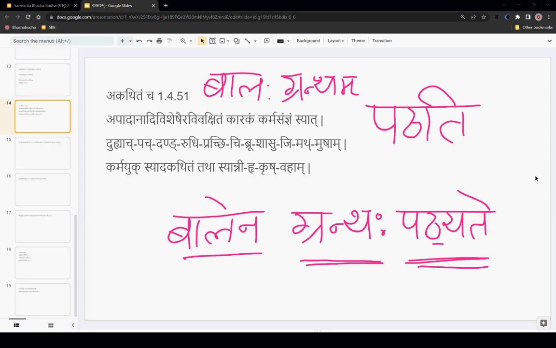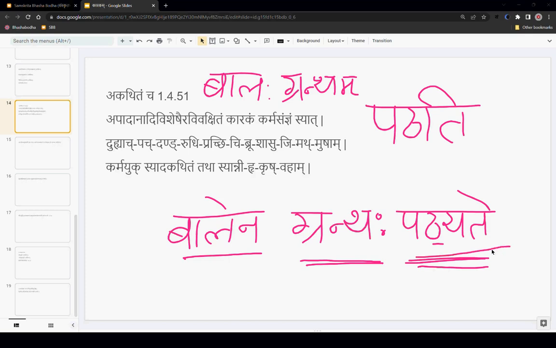Anabhihite means when a karaka is not expressed by another word in the sentence, then different vibhaktis will be applied. Otherwise, by default, the prathama vibhakti gets applied.